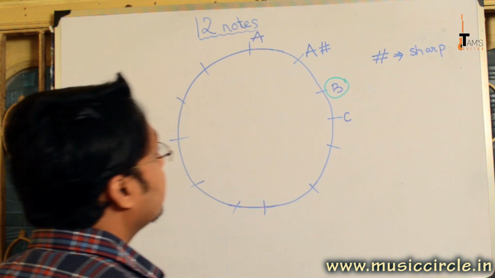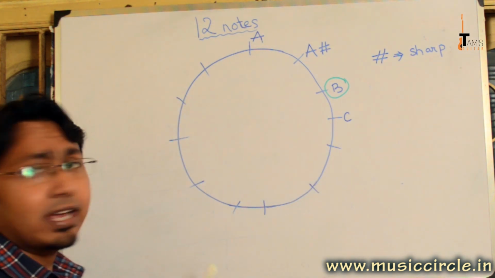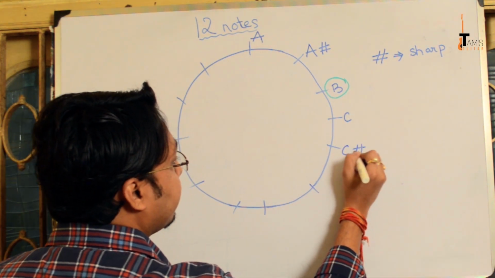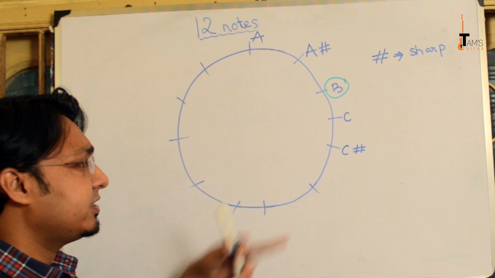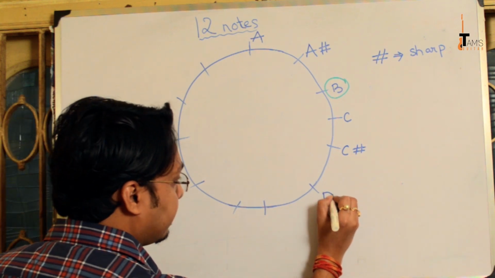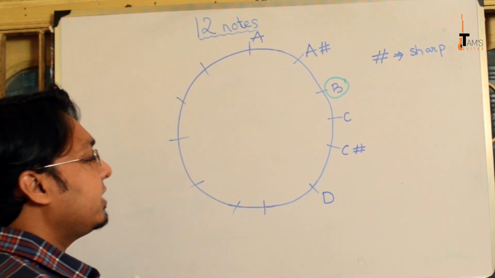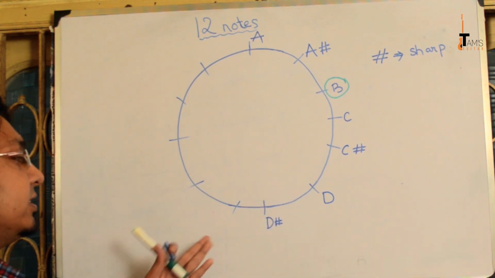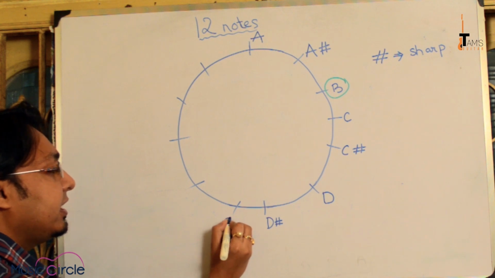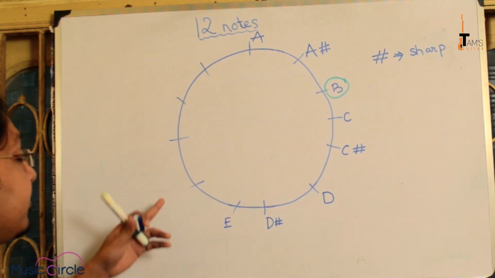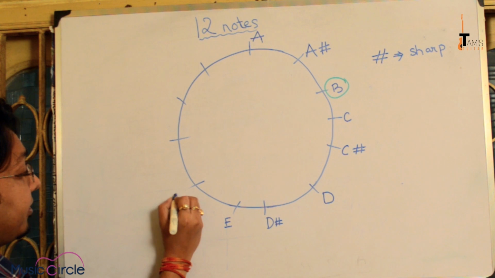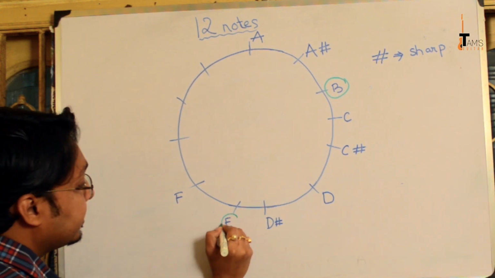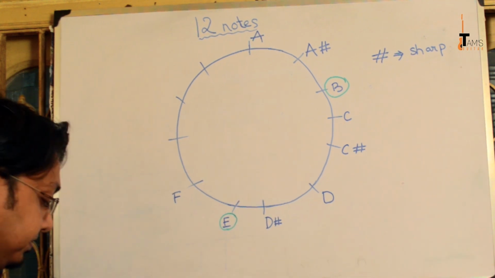Alright, so after C, if you can guess, it's C sharp. And after C sharp we have D, and after D we have D sharp, and after D sharp we have E, and after E we have F. This is another note after which we don't have any sharp.